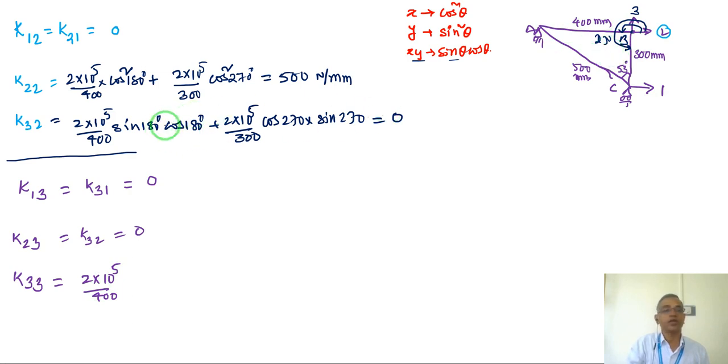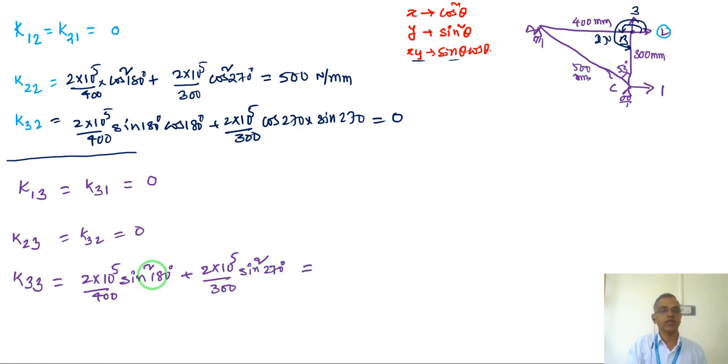The same angle which you have seen here, into this is 3 vertical, so sin square 180 plus 2 into 10 to the power of 5 by 300 into sin square, angle of the next one is 270.